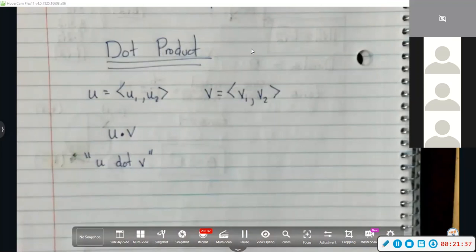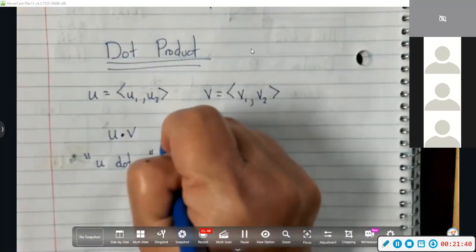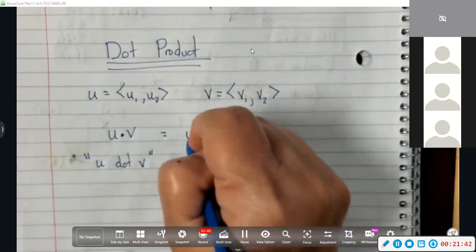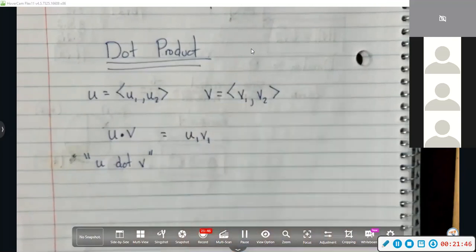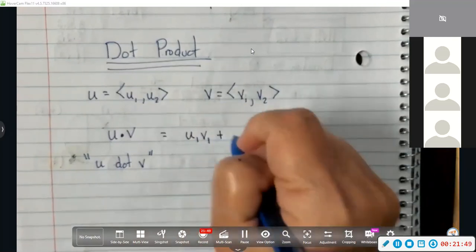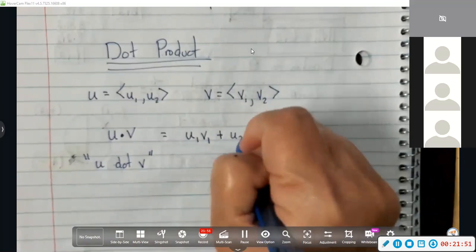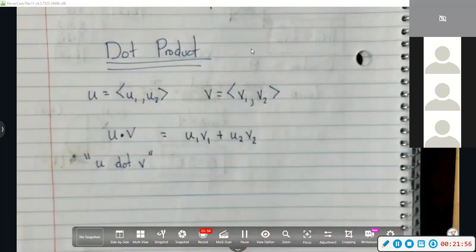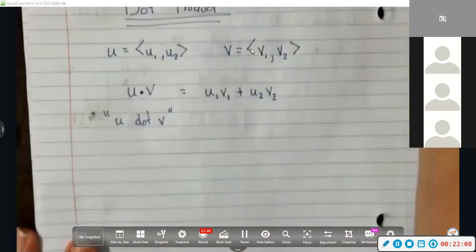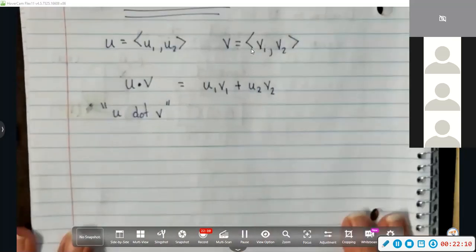U dot v. All u dot v says to do is to take the first component of u, multiply it by the first component of v, then add the second component of u multiplied by the second component of v. So it's not hard, but if you don't know, you don't know. Like a dot product, what is that? It's pre-cal, you wouldn't understand.